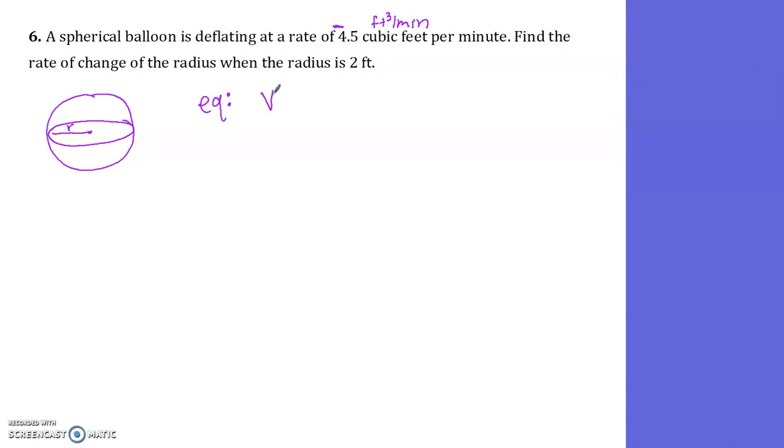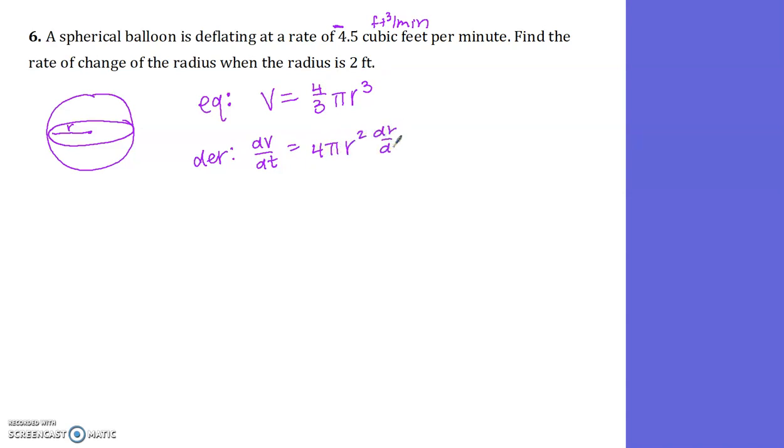So my equation, we're going to do the volume equation because that's what we're dealing with. That'll be 4/3 pi r cubed. Then my derivative, dV/dt equals 4 pi r squared dr/dt, since 4/3 times 3 is just 4.